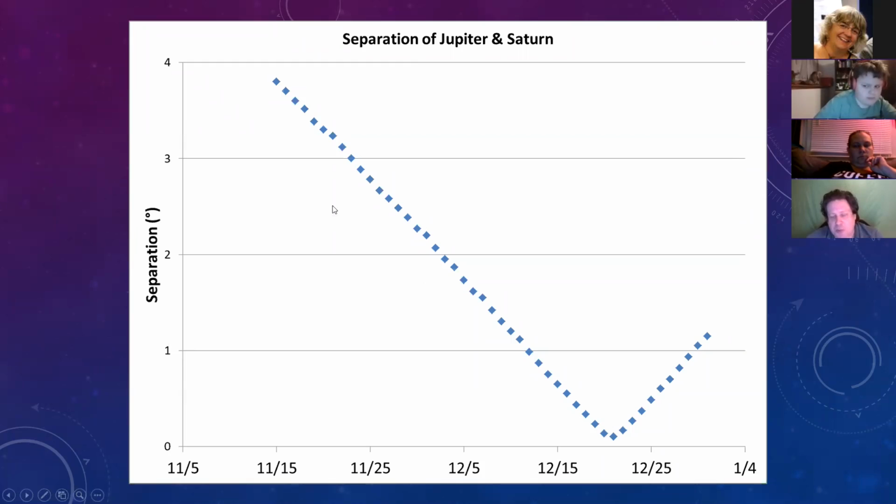And as the days progress, as we get closer and closer to December 21st, they get closer and closer together until they reach their closest, which is 1/10th of a degree. And then at that point, they start to drift further and further apart from each other. So that's really, really exciting and really rare, which I'll be demonstrating in some slides a little bit later on.